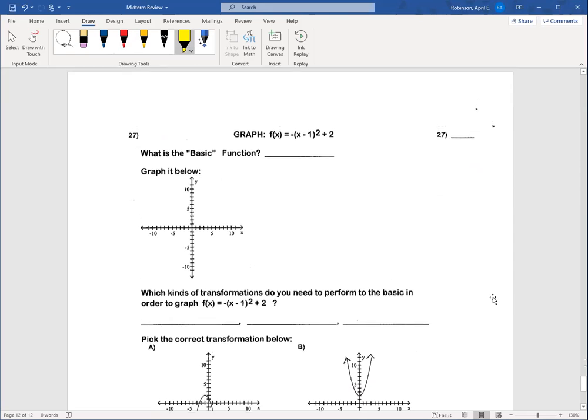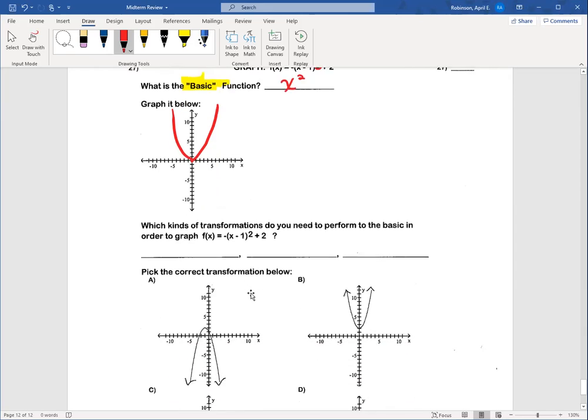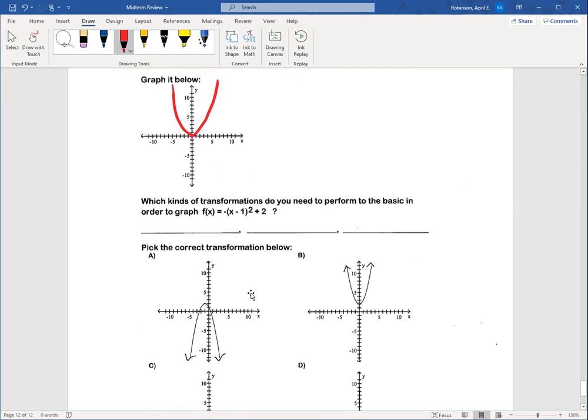And then what's the basic function on this one? Well, once again, I can see I have a squared in here, so it's just x squared. And the x squared looks something like that to begin with. And then which kinds of transformations do you need to perform on the basic function in order to graph this? There's three things happening. Let's see. The one inside the parentheses is going to be shift 1 to the right.